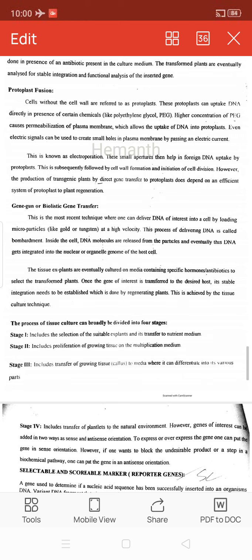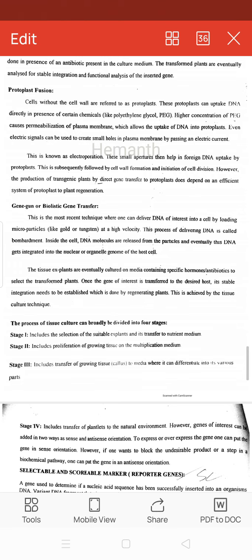Gene gun or biolistic gene transfer. This is the most recent technique, where one can deliver DNA of interest into a cell by loading microparticles like gold and tungsten at a high velocity. This process of delivering DNA is called bombardment.